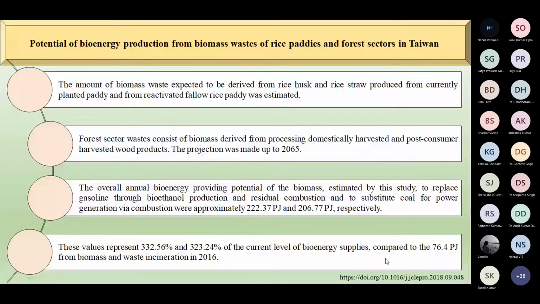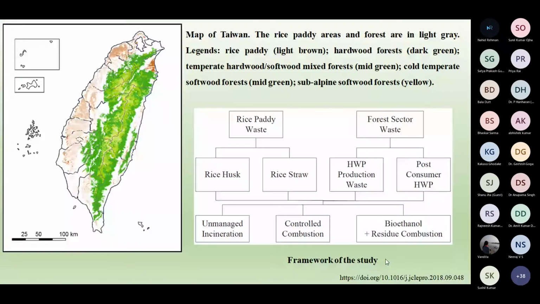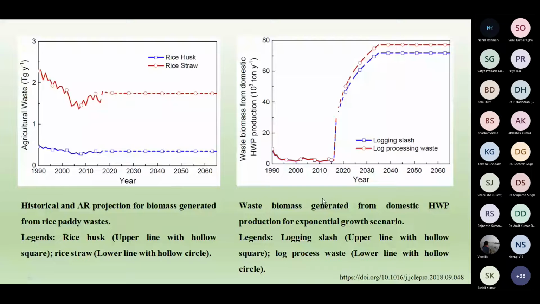So you can see that they have also a huge potential for this biomass, which is being shown with this graph, and this framework study they used for treating the rice paddy waste and the forest sector waste. So if these wastes can be utilized judiciously with current technologies, a huge amount of energy can be extracted out.